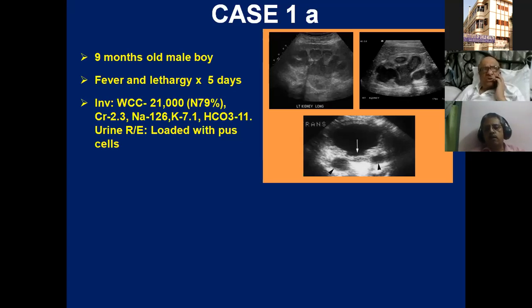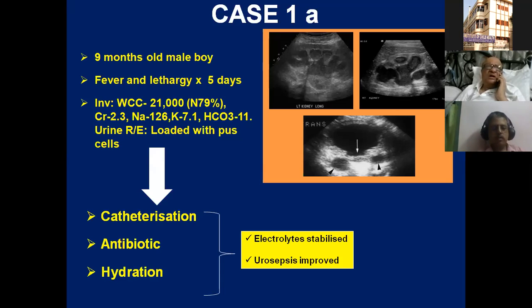bladder outlet obstruction itself is a cause of type 4 RTA. So in this situation, all you have to do is catheterize, antibiotics, and hydration, and that's what we did, and it all settled down.